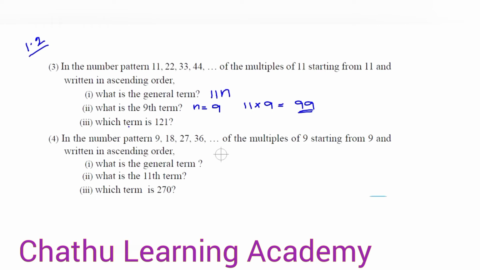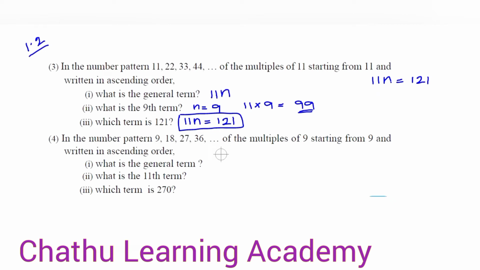Third question: which term is 121? They ask what the term is. Then we can equate the general term to this value 121. 11n is equal to 121. Now we want to solve this equation. 11n is equal to 121.